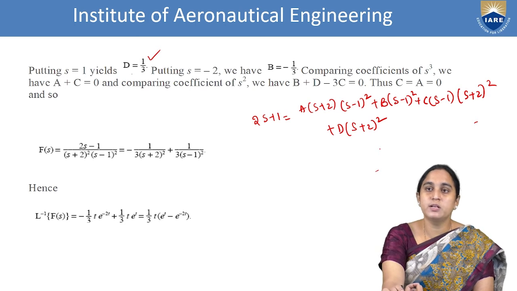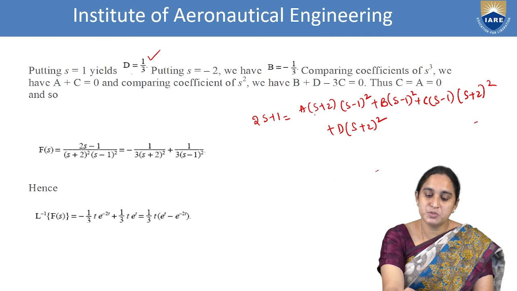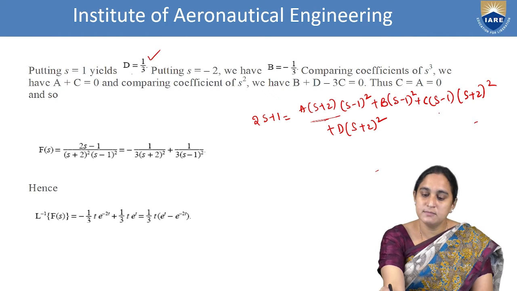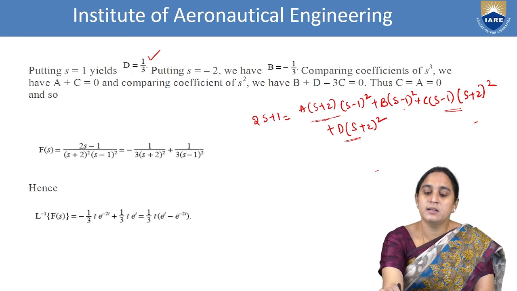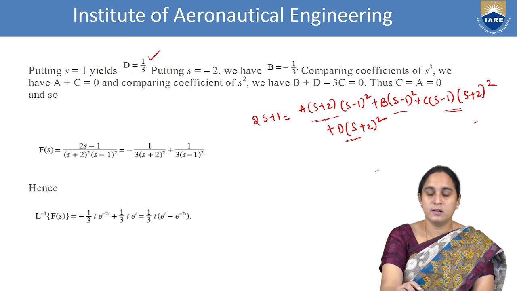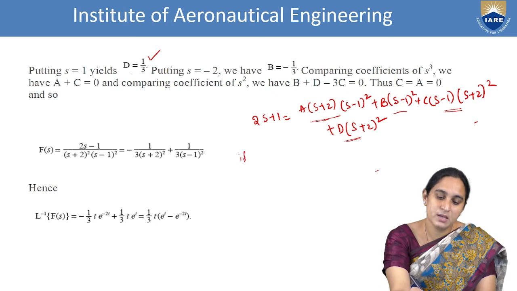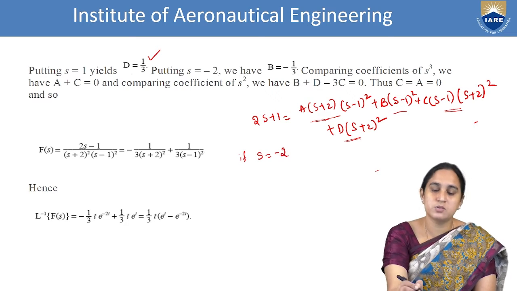Why am I substituting only s is equal to minus 2? Because if you substitute minus 2, a becomes 0, c becomes 0 and d becomes 0. If a, c, d are 0, we directly get the b value.